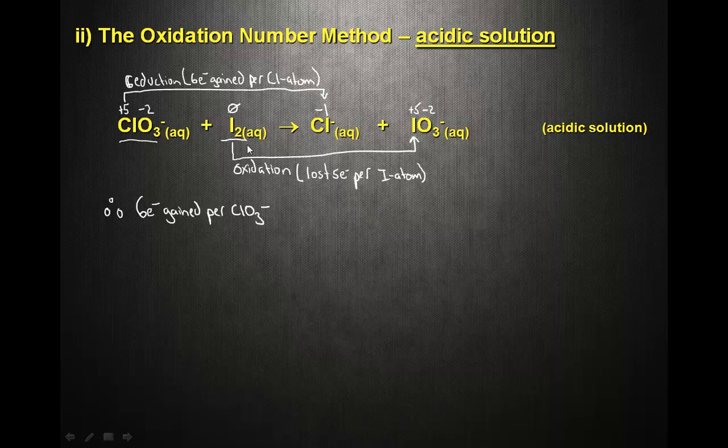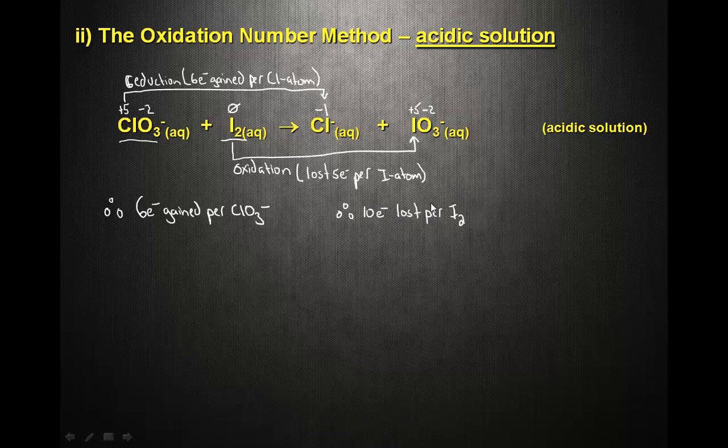And when we look at this one, we see that one I atom has lost 5 electrons, but we've got 2 I atoms. So therefore, 10 electrons have been lost per I2.